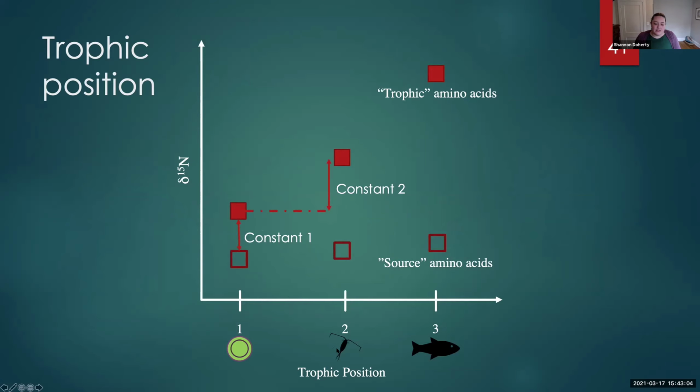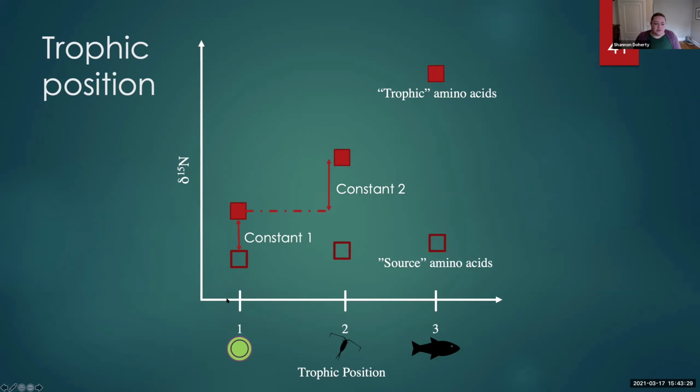We have zooplankton that would be eating the phytoplankton as a primary consumer, or trophic position 2. And we have a fish here that would be consuming the zooplankton and then being a secondary consumer at trophic position 3.